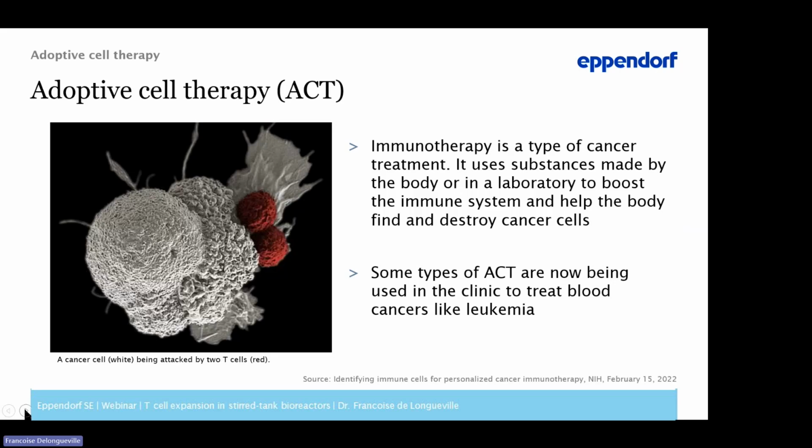Some of those approaches involve directly isolating our own immune cells and simply expanding them. Other approaches involve genetically engineering our own immune cells through gene therapy to leverage their cancer-fighting capability. Some types of ACT are now being used in the clinic to treat blood cancers like leukemia.